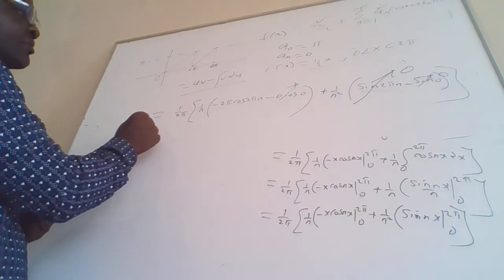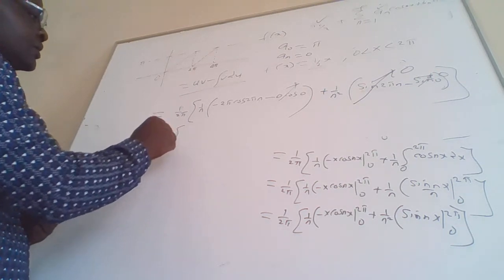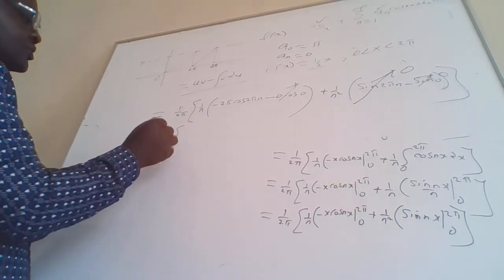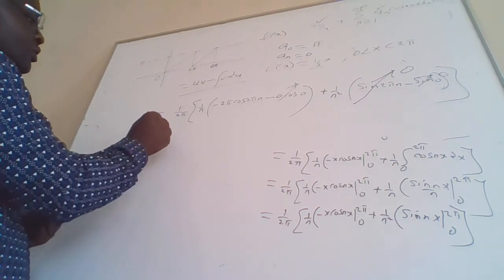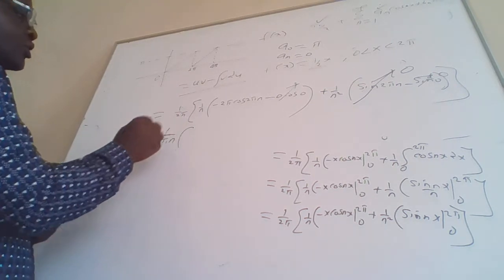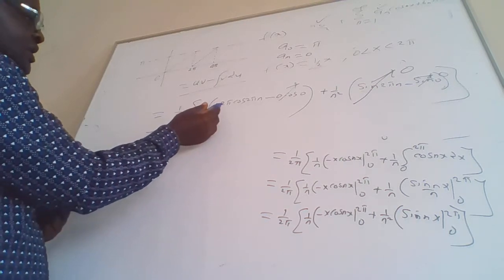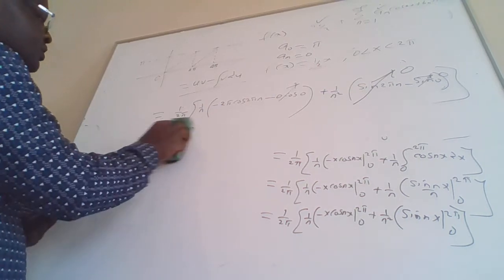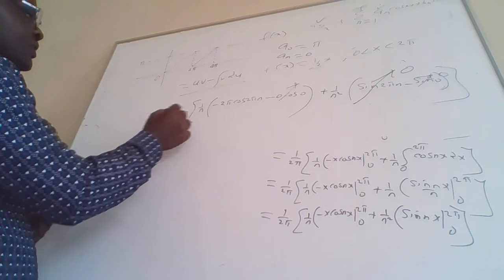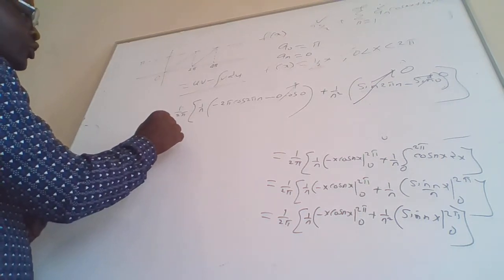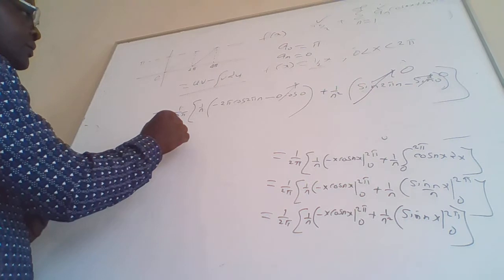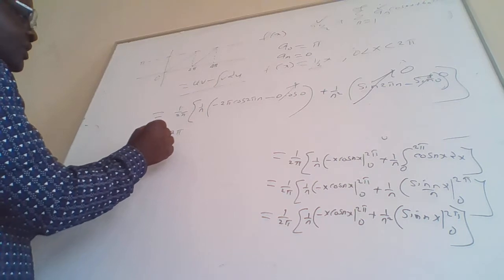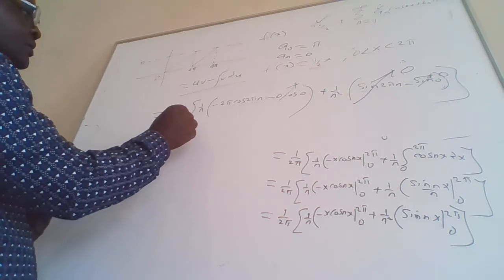We have this. Now we remain with 1 over 2 pi into, now we can even take out 1 over n, so that we have 1 over 2 pi n. We can even take out negative 2 pi, and then with this n, so we have that all over 2 pi.